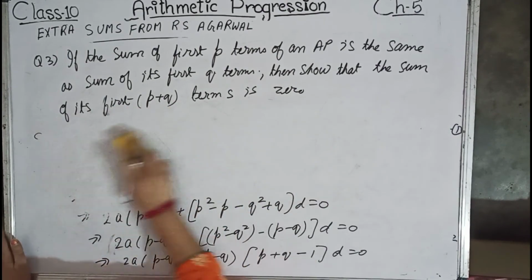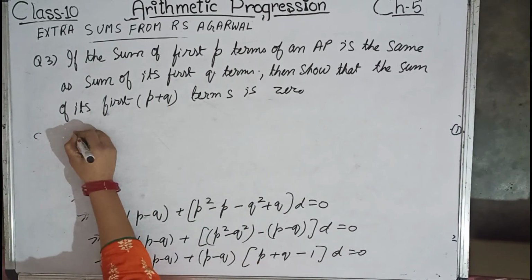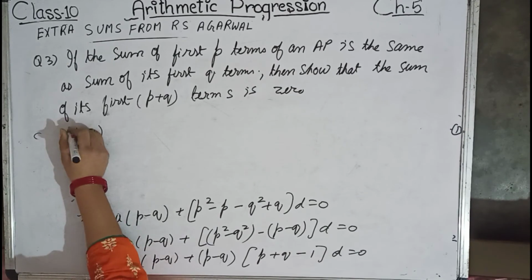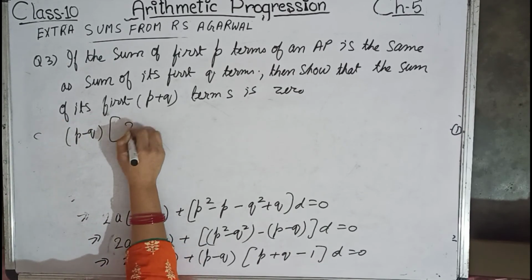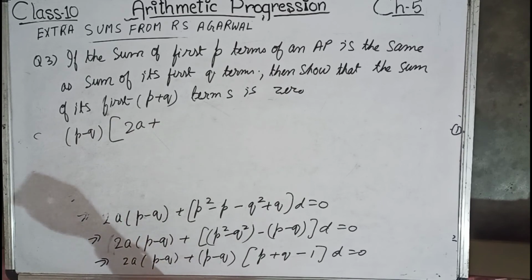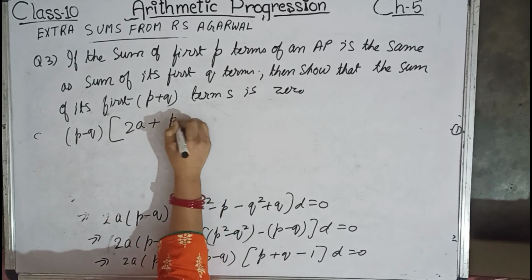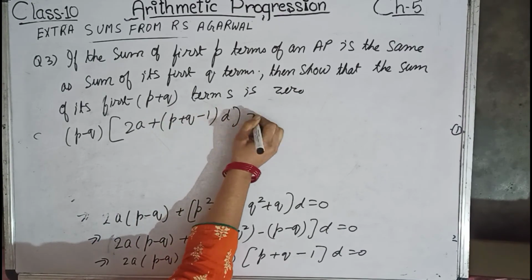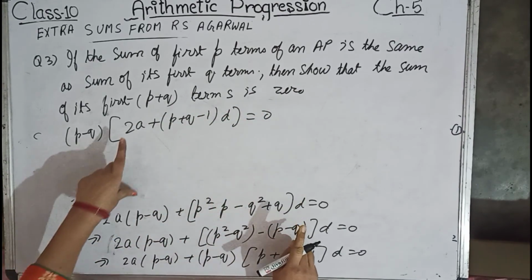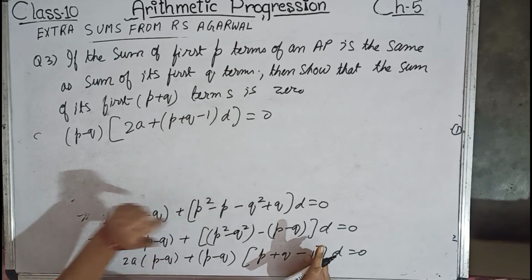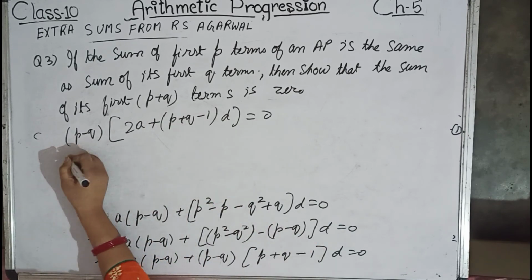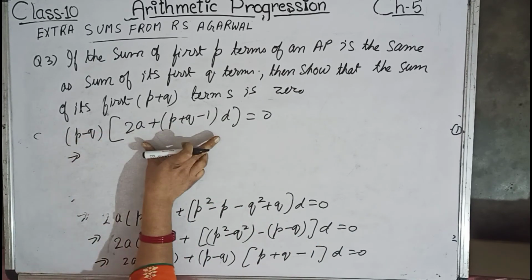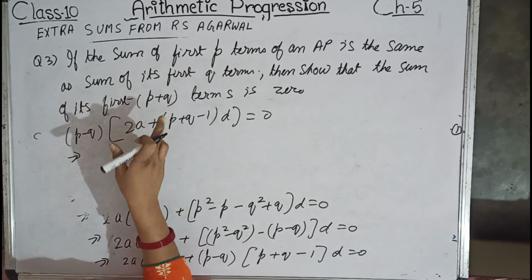So we will be getting p minus q common, and in the bracket is 2a plus p plus q minus 1 into D equals 0. And the question is saying that the first p plus q terms sum is 0. So either this will be 0 or this will be 0. Now p and q are different terms.